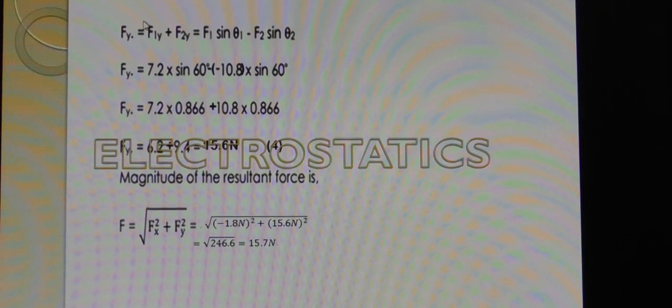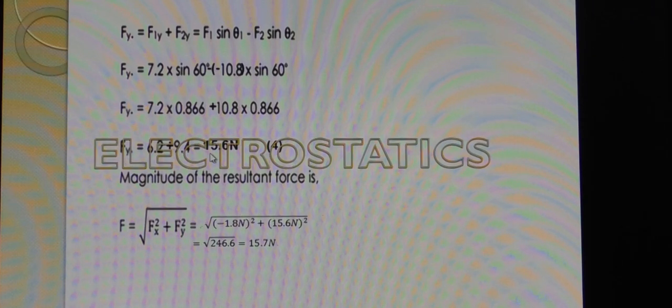So in this way, we will find the y component of the resultant force, that is given by Fy. It is equal to F1y plus F2y, alright, that is F1 sine theta 1 plus F2 sine theta 2. So by putting the value of theta 1, theta 2, F1, F2, finally what we get here? We get here equation number 4.